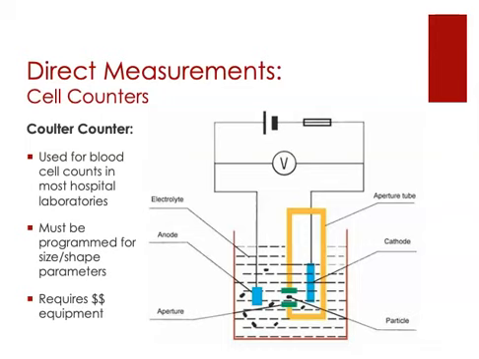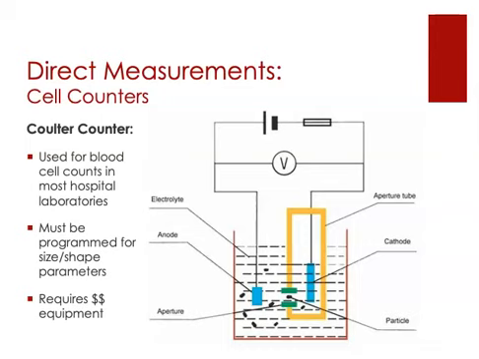Now again, you have to program the machine for whether or not it needs to count the red blood cells or each of the different types of white blood cells. You have to calibrate the machine to know which cell type it needs to count. Coulter counters are really accurate, they're very efficient, and they don't require a human being to sit there and manually count the cells. So they're very good in a laboratory that does a lot of samples, like a hospital laboratory.